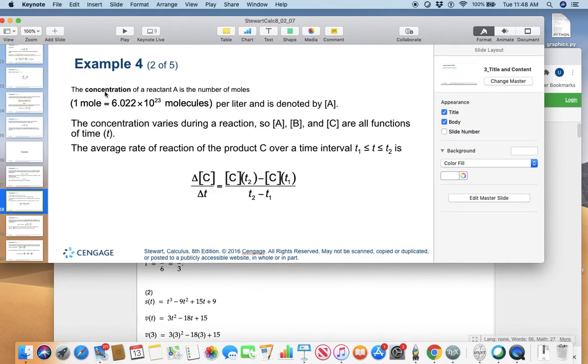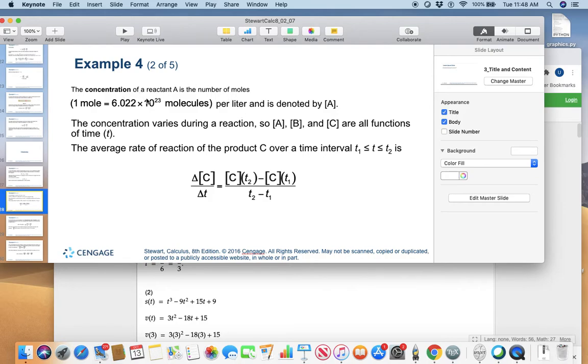All right. The concentration of a reactant A is the number of moles. What is a mole? One mole is 6.022 times 10 to the 23 molecules. So the unit of concentration is the number of moles, these many molecules, per liter.